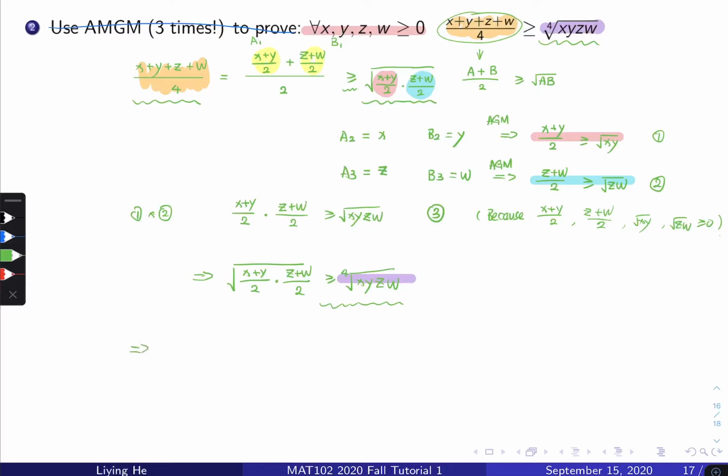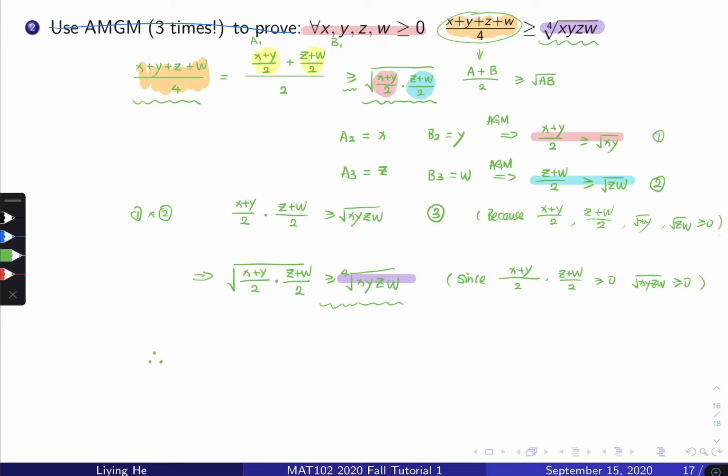Therefore, oh, I think I should mention that this is because (x+y)/2 times (z+w)/2 is greater than or equal to 0, and the square root of xyzw is greater than or equal to 0.